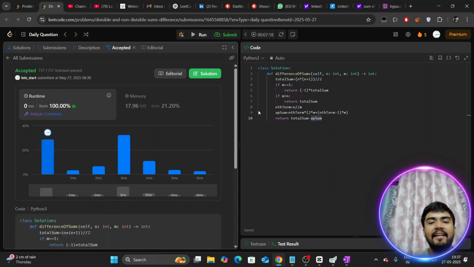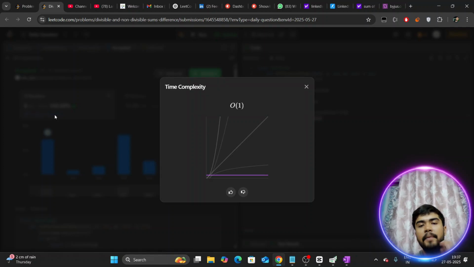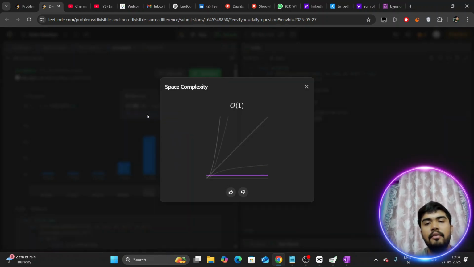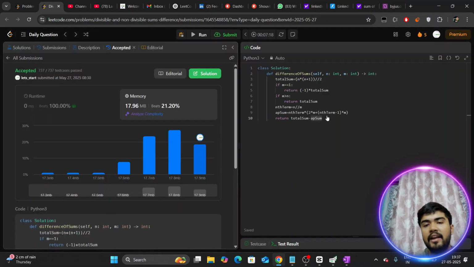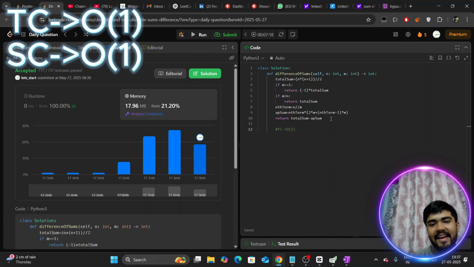And you can see it is bound to be 100% faster than all the submissions. The time complexity is bound to be big O of 1 only, and from a space perspective also it is big O of 1, because all are just variables we are using. I am writing this since we are following it in all the videos, but I guess you have already guessed it in the OneNote explanation part. So space complexity is also big O of 1.